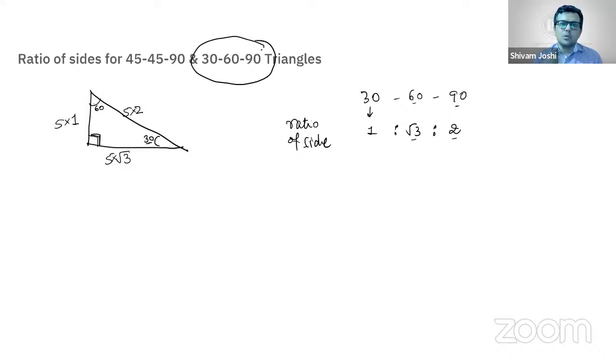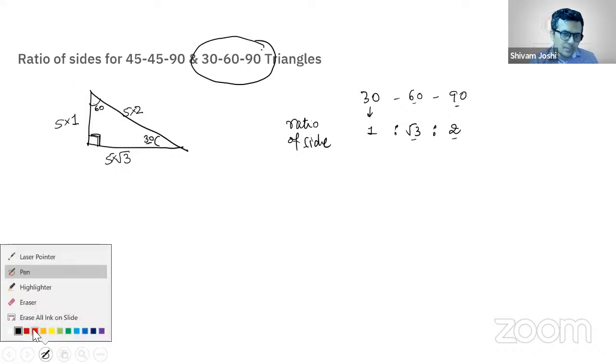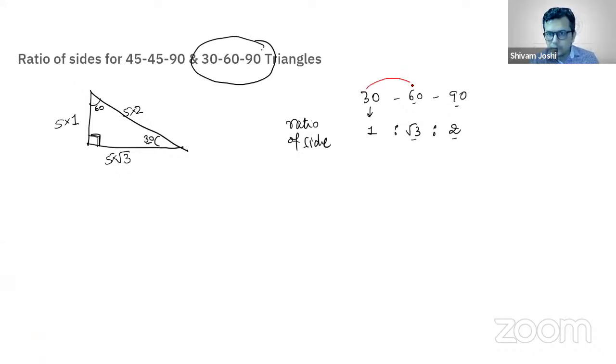So how are we going to remember this information? I will say that you remember two relations. One is 30 to 60: you multiply by root 3.